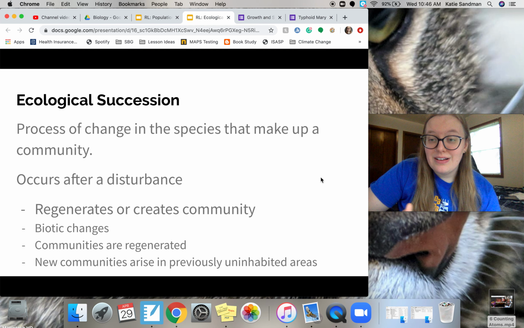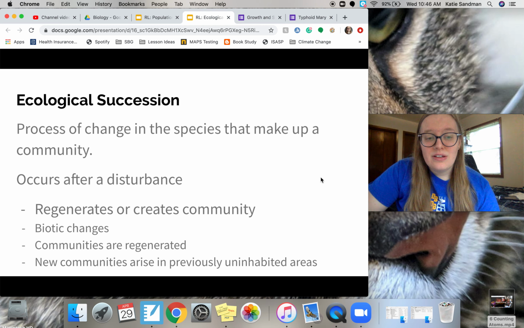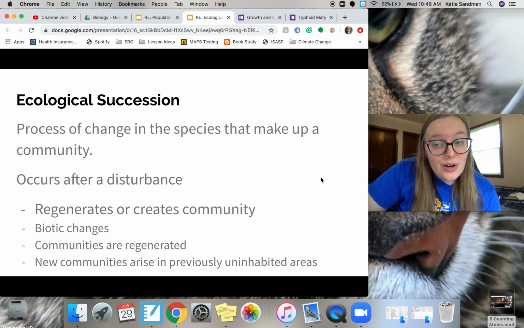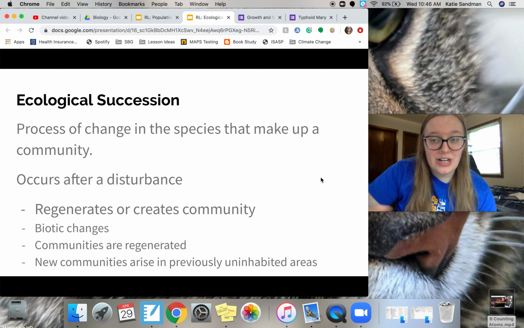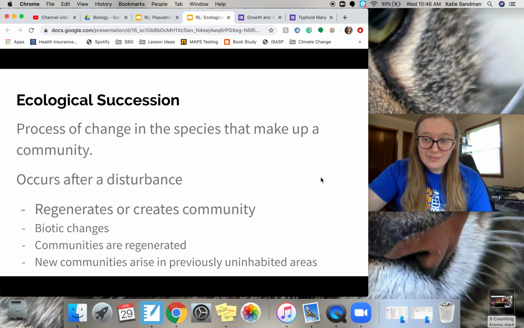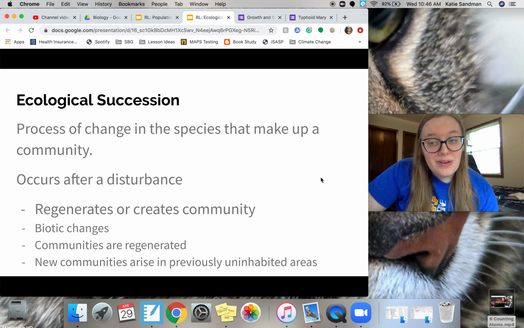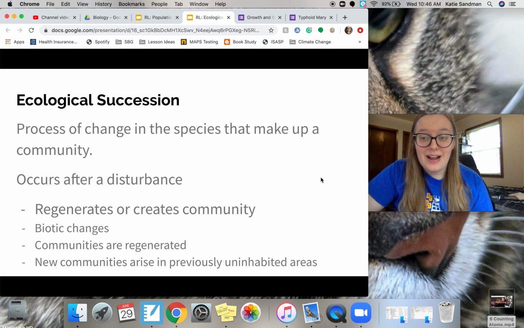Depending on what happened or where it happened, there's 2 different types that can happen. So it can regenerate or create a community. It has biotic changes, so changes in the living things there. Communities can be regenerated, or new communities can arise in previously uninhabited areas.